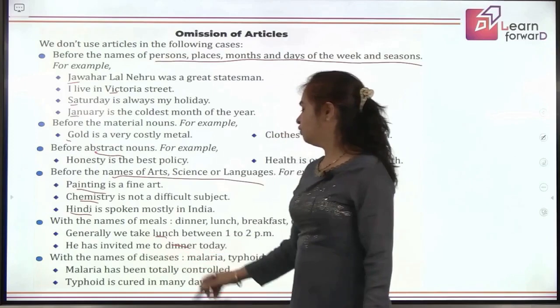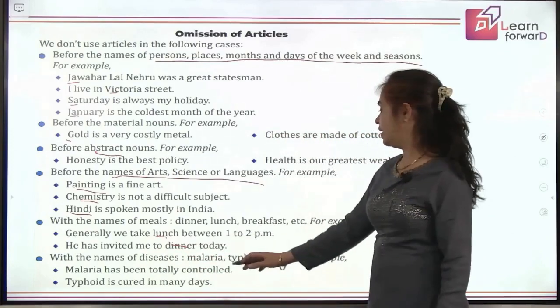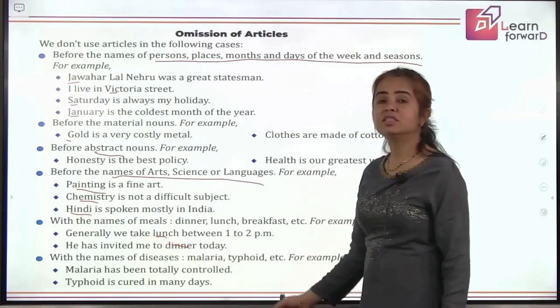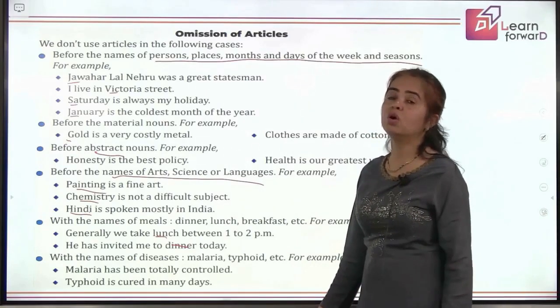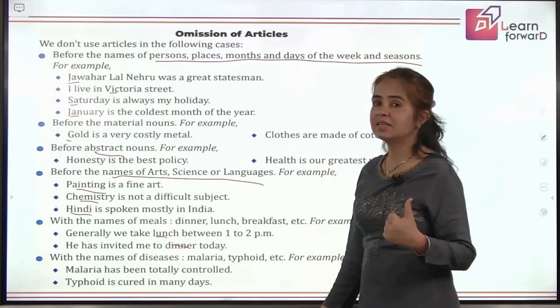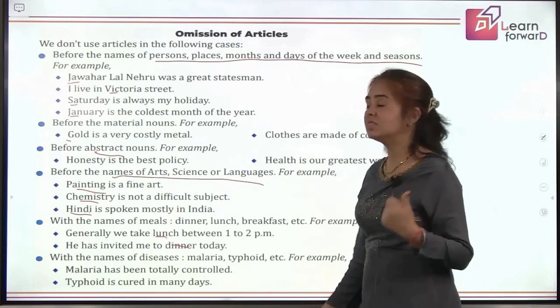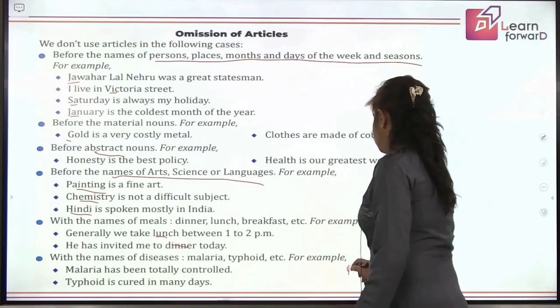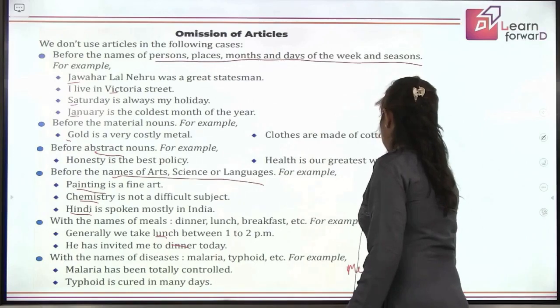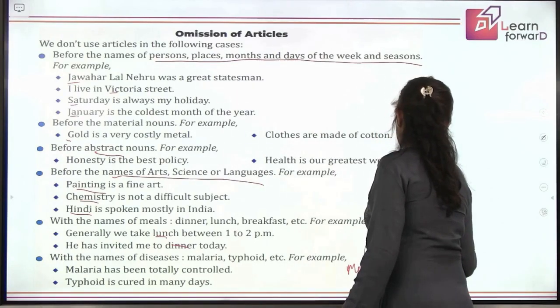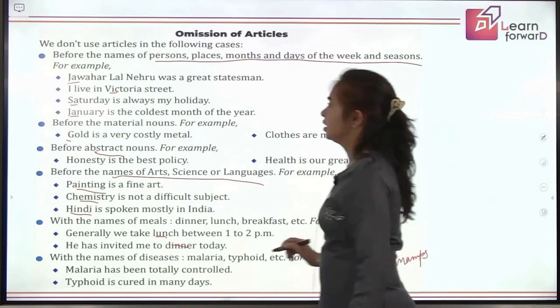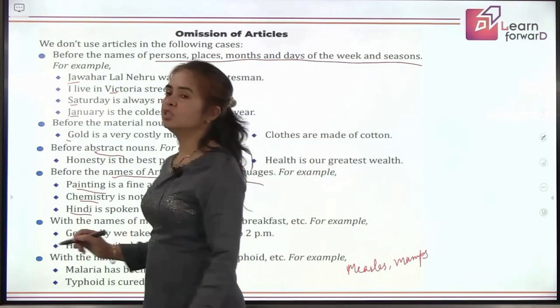With the names of diseases like malaria, typhoid, etc., we do not use the. But yes, there is an exception, children, when we talk about measles, when we talk about mumps. These are the two diseases before which we use the article.